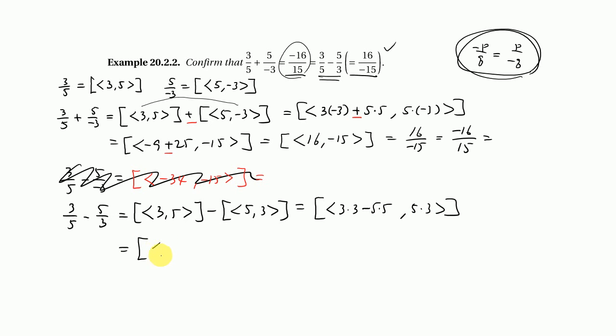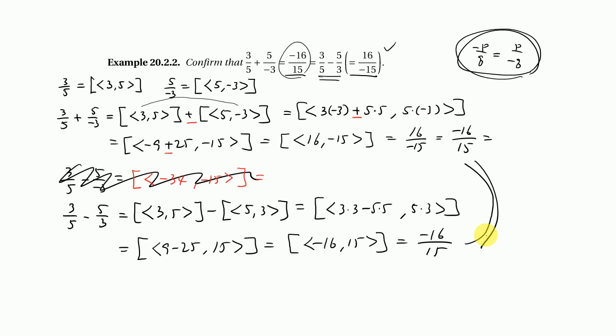So it's 9 minus 25, comma, 15, and that's (negative 16, 15), which is negative 16 over 15, right? Same as this one. So that's the whole proof.